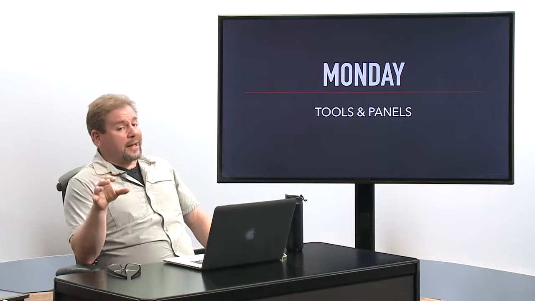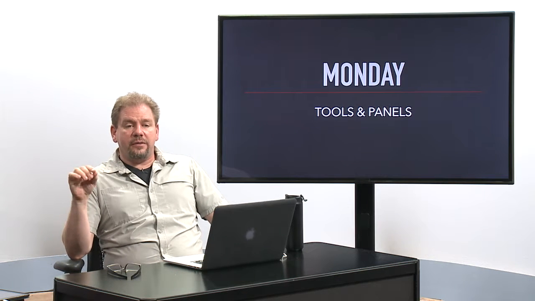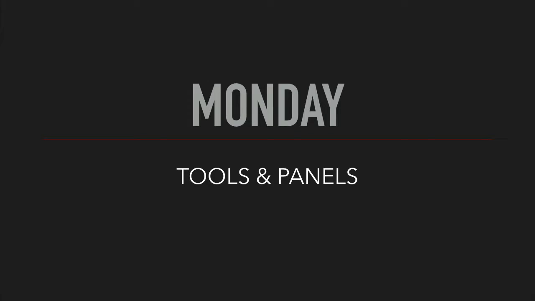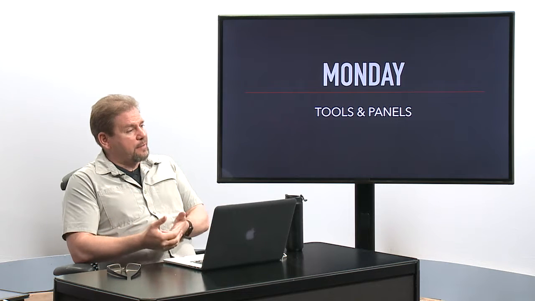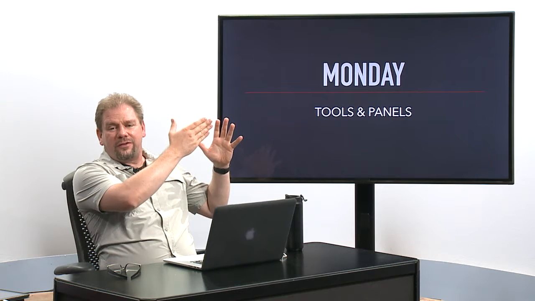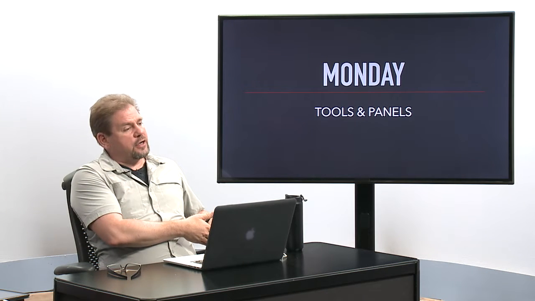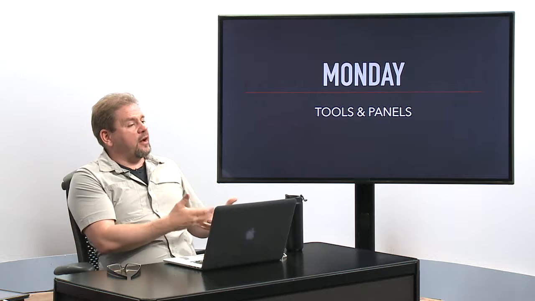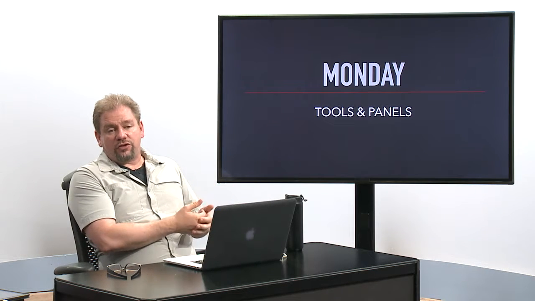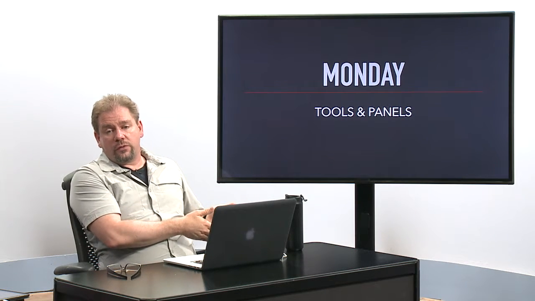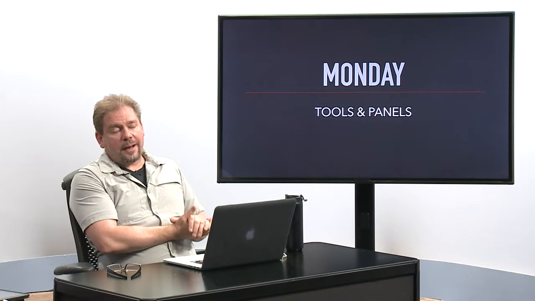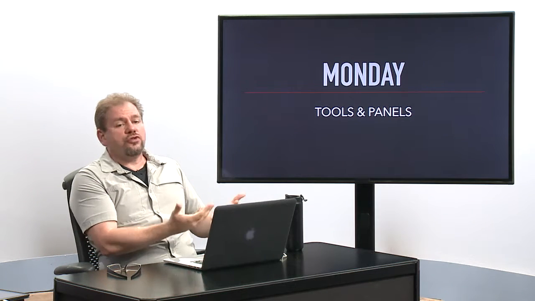So Monday, next week, we're going to start talking about tools and panels. That means that so far we've been using big features like selections and layers and layer masks, but we haven't really gone on a tour of some of the tools that are in our tools panel. But now we know enough features in Photoshop so that when we do tour those tools and the panels that have the options for them, we can do stuff with them.